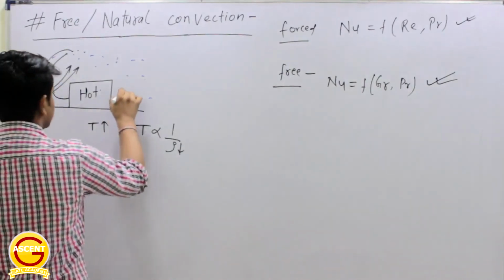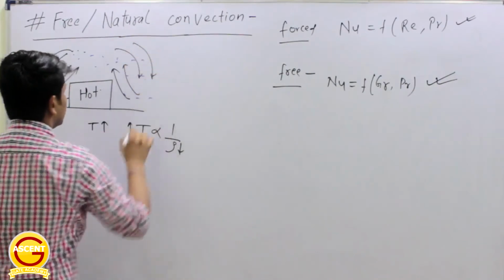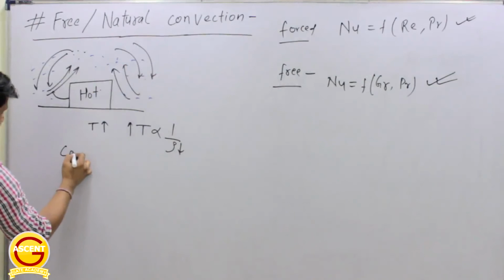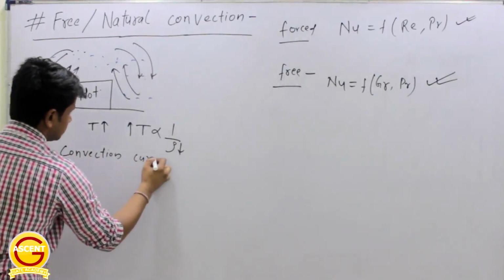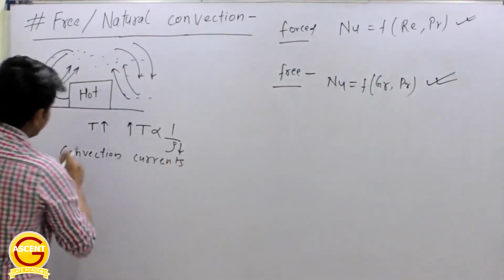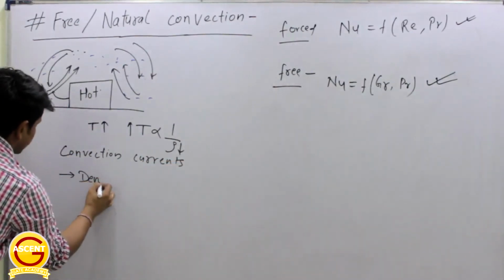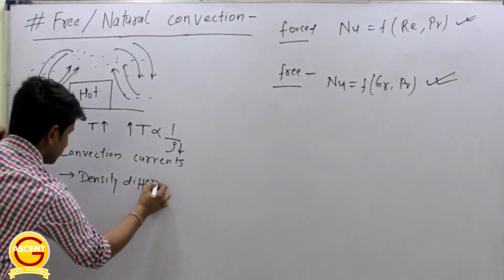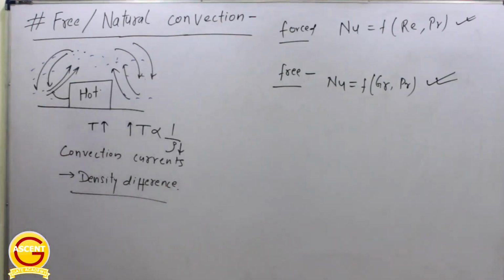We have discussed this will happen on this surface also, and this is known as convection current, right? So this forms a convection current, and this phenomenon is occurring due to what? Due to density difference, or due to buoyancy effects.